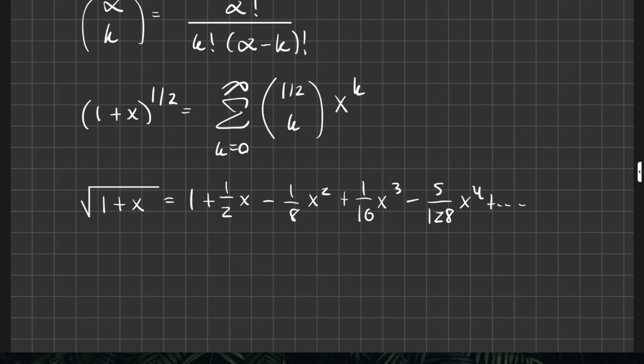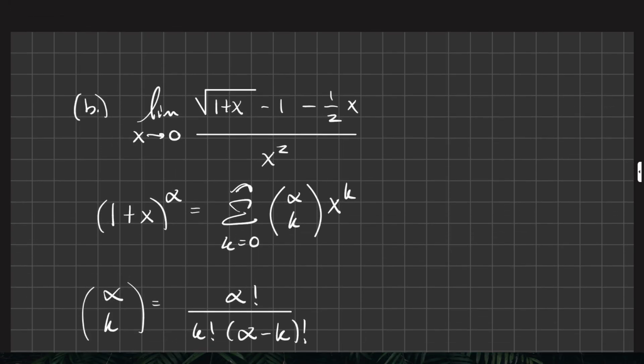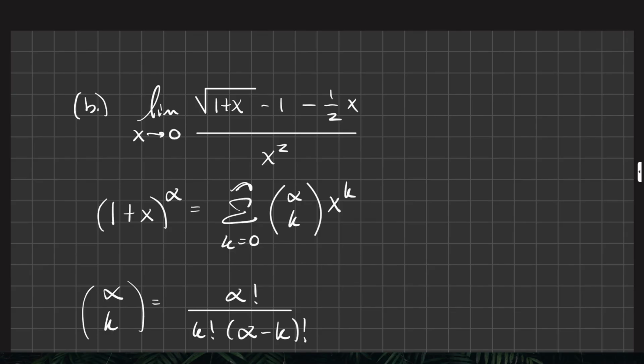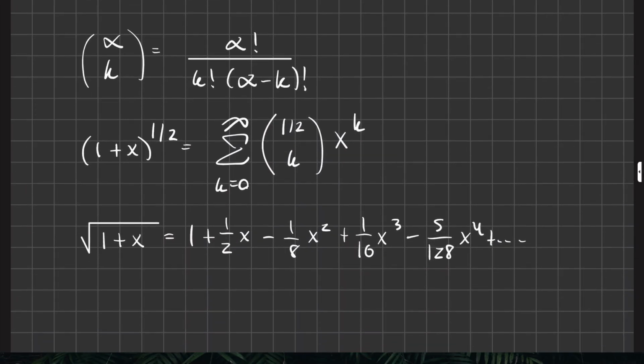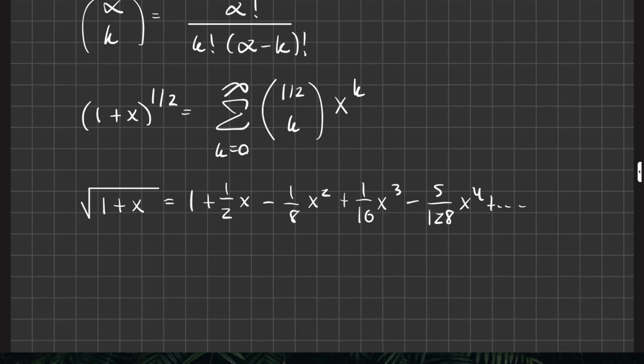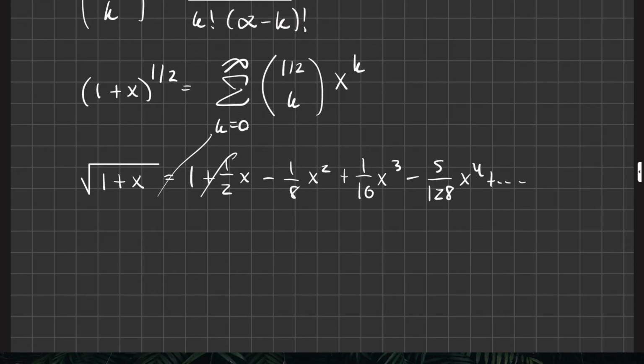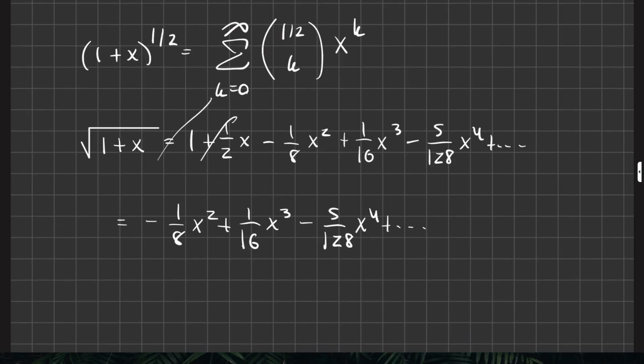Let's subtract, and in our original limit we're given minus 1 minus 1/2. So let's just subtract the 1 and the positive 1/2 off of this. This will go away when we add those. So we're just given minus 1/8 x squared plus 1/16 x cubed minus 5 over 128 x to the 4th, and so on and so forth.